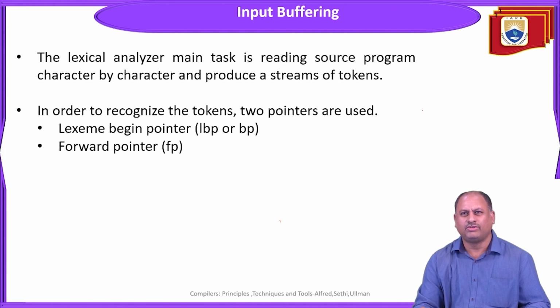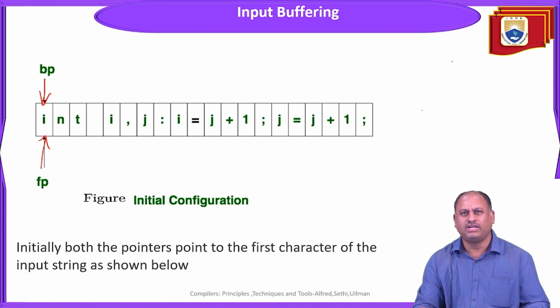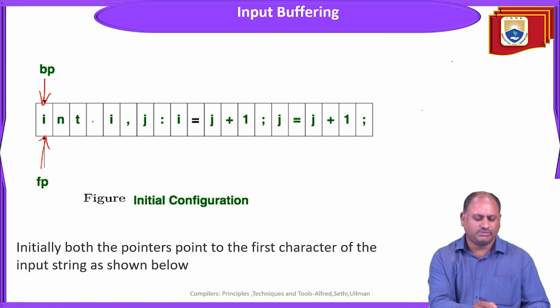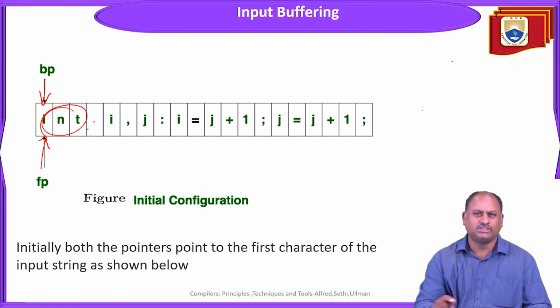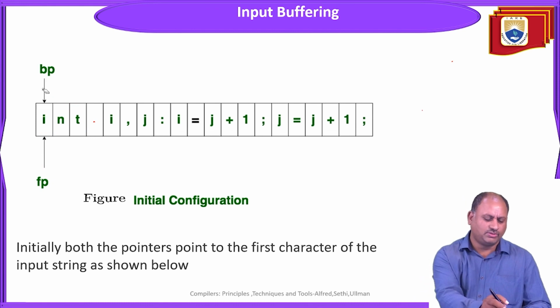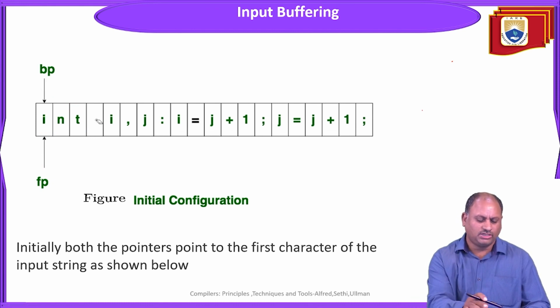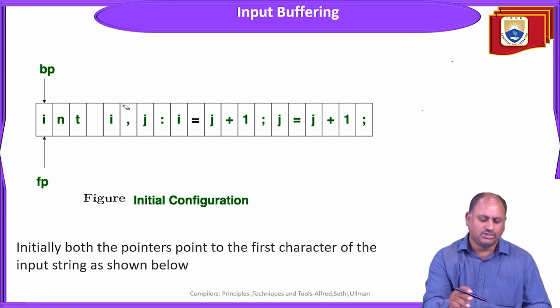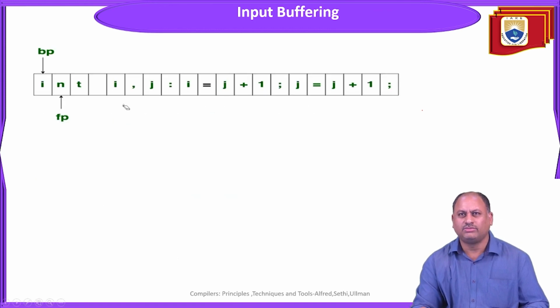After recognizing white space, both pointers are kept aside and the corresponding token is released. So in this diagram, white space is identified and it recognizes that int is a valid identifier. So it places the corresponding information, and then both pointers move to the next character position. Like that, all the tokens are released.